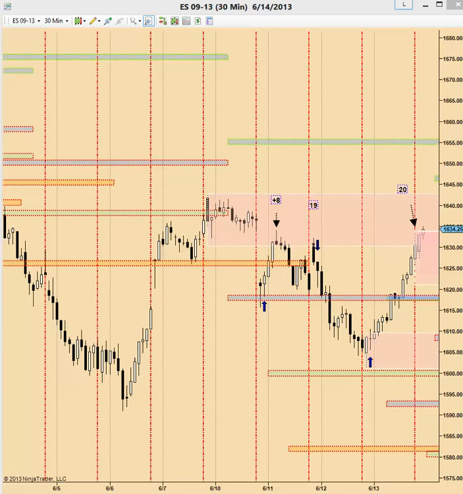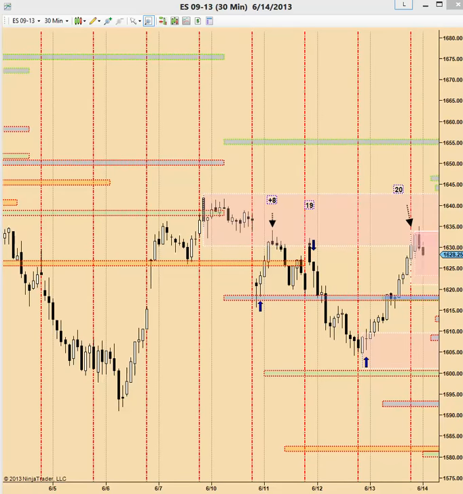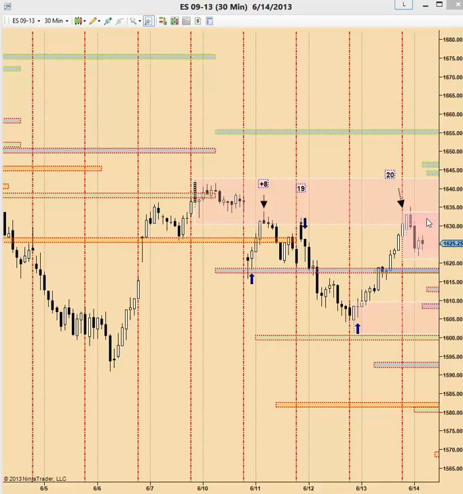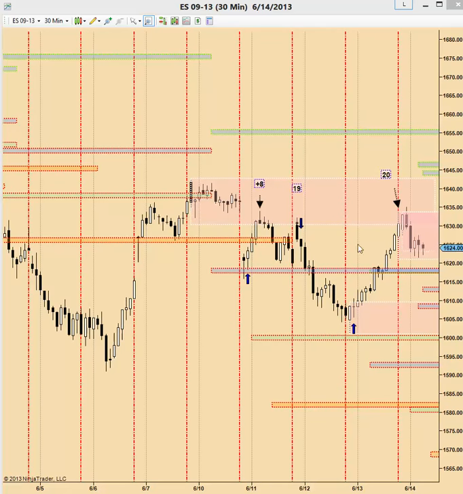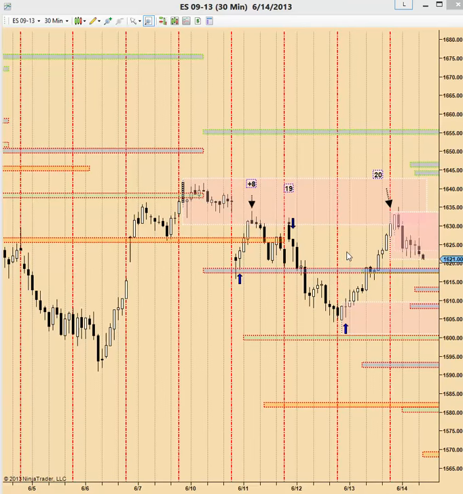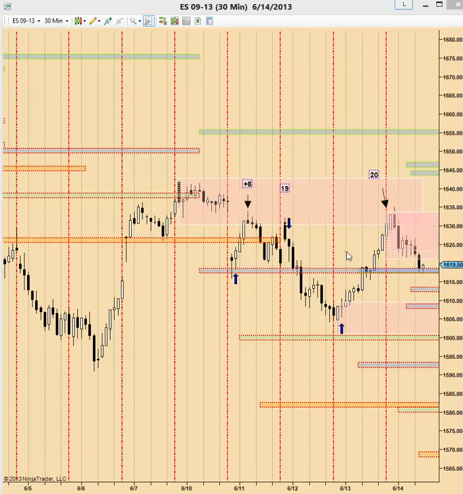A new critical zone, two new critical zones. You have 3 zones here, 3 critical zones just above 1630. It'll be interesting to see how that plays out in the future.